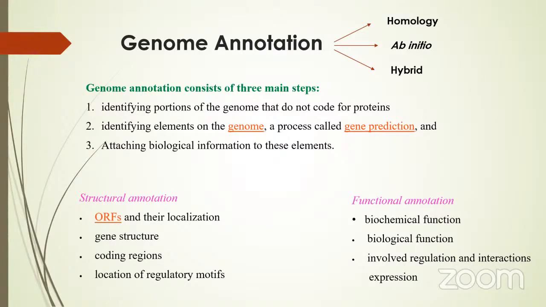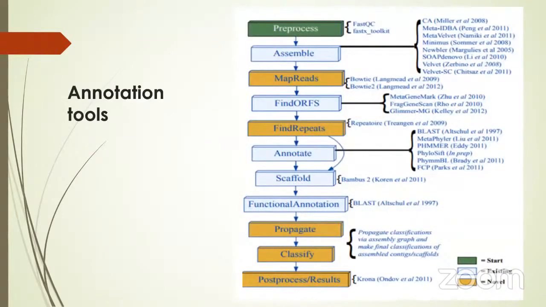When you are searching from a particular perspective, that is homology. Homology can be orthology or paralogy, and hybrid is if you are using both approaches. For example, for a totally unknown protein, where we have nothing to predict from, we will go for hybrid annotation. So these are just three terminologies, and there are different annotation tools.